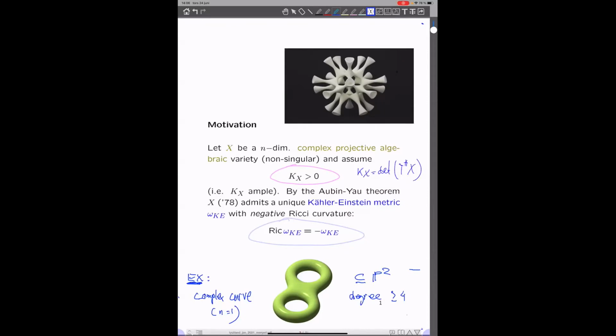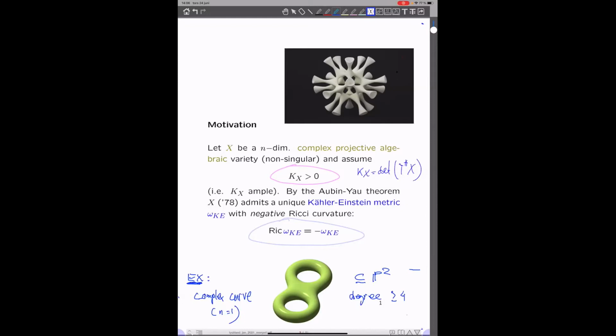By the Aubin-Yau theorem from the late 60s, these varieties admit a unique Kähler-Einstein metric with negative Ricci curvature. So that's a solution to Einstein's equation, Ricci curvature constant equal to -1. But since we are on a complex manifold, we also ask that the metric be Kähler. That's a compatibility condition with the complex structure. And then there is a unique such Kähler-Einstein metric.